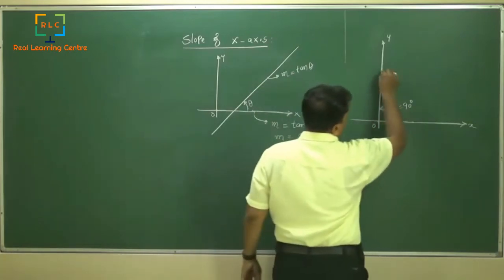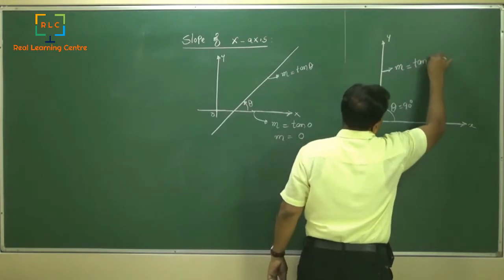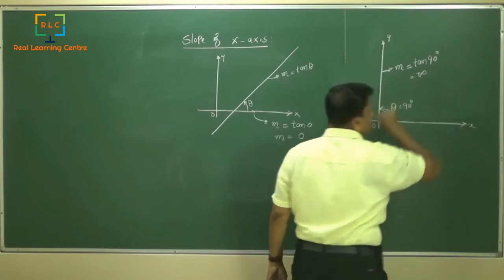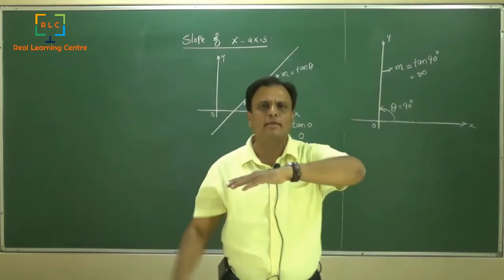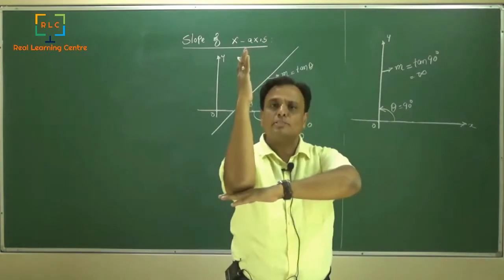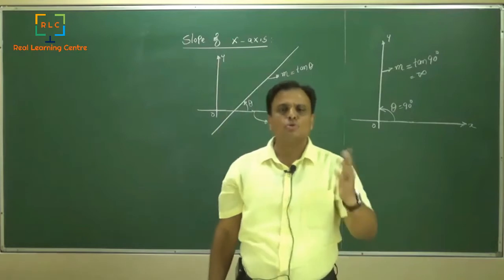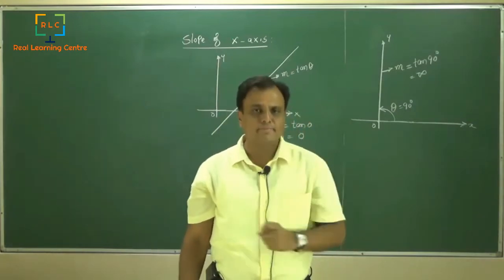So to define the slope, it is tan of 90 degrees, and as we know tan 90 degrees is infinity, or it's called not defined. Speaking in real terms, this vertical line would be called perpendicular, not sloped. Slope usually means a line should be somewhat inclined, oblique.